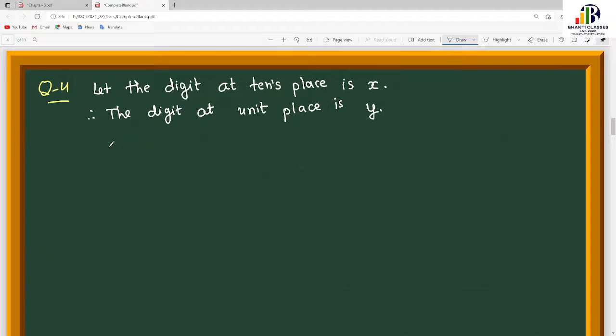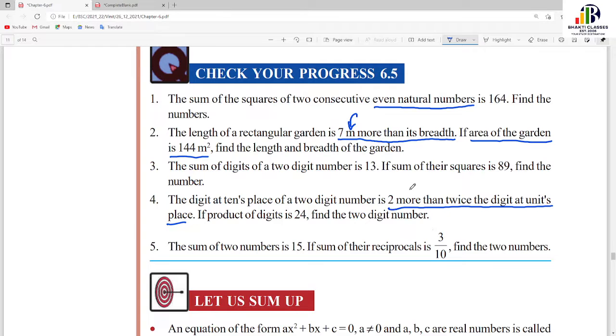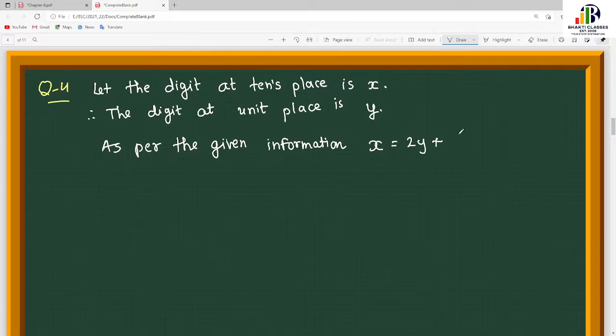So as per the given information, x is equal to 2y plus 2.